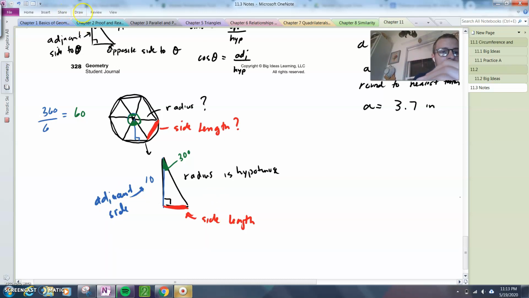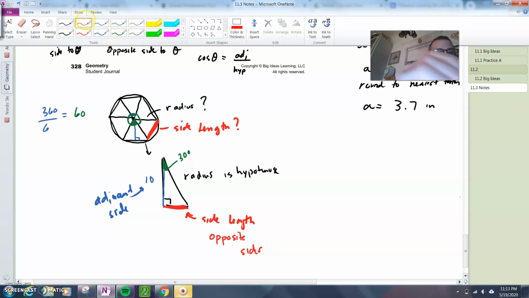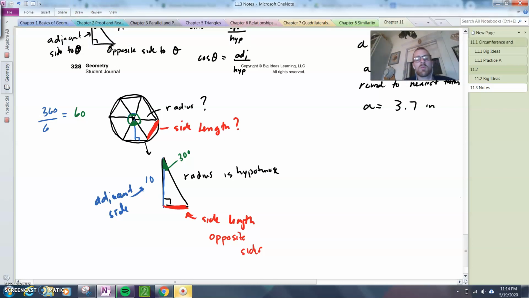The side length, this is my opposite side to that 30 degrees. And then hypotenuse is always hypotenuse. So what trig ratios am I going to use to find this opposite side and the hypotenuse? Well, the one that I can't use is sine.